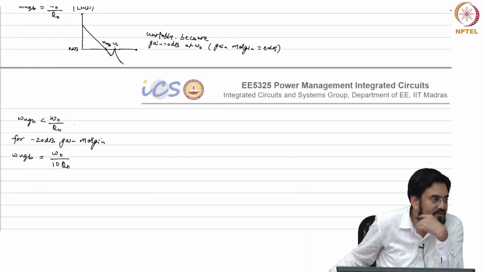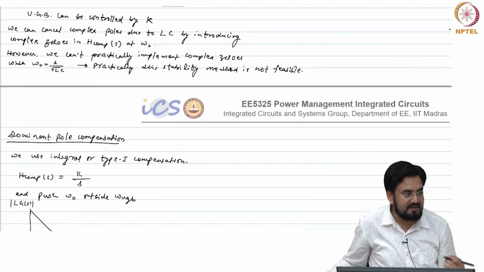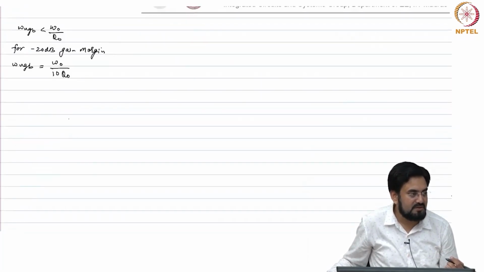So you have an integrator in the loop. What do you need to find?